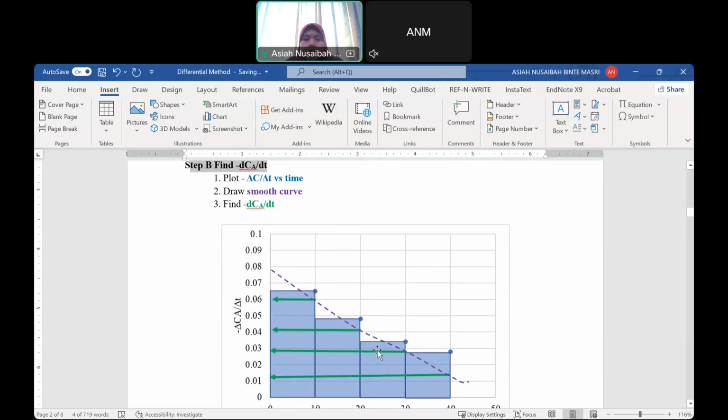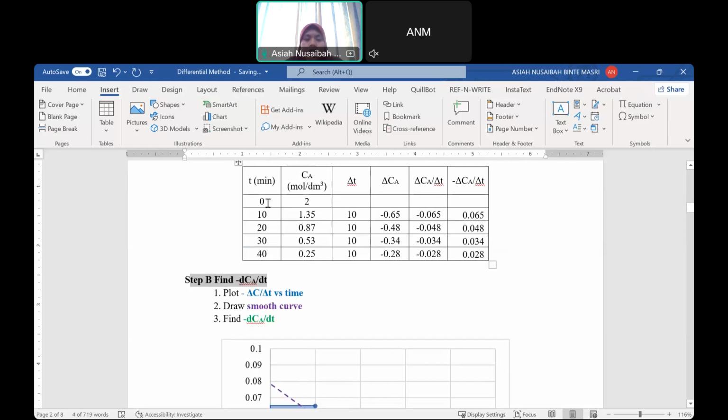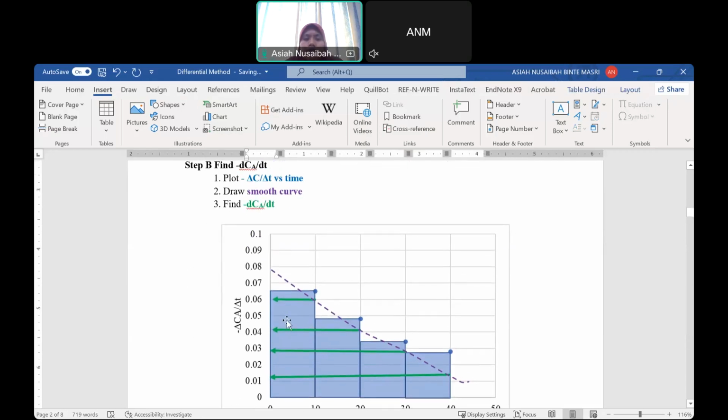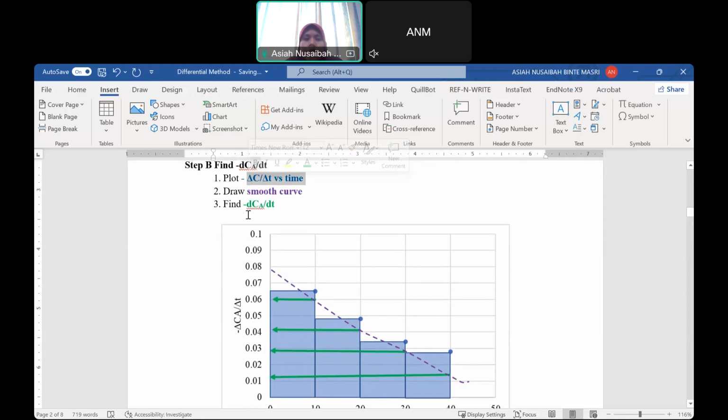We have 5 sets of data, hence we have 4 histograms: 1, 2, 3, and 4. So we plot minus changes of concentration over changes of time versus time. Then we draw a smooth curve. The purple color is the smooth curve that connects all the histograms.